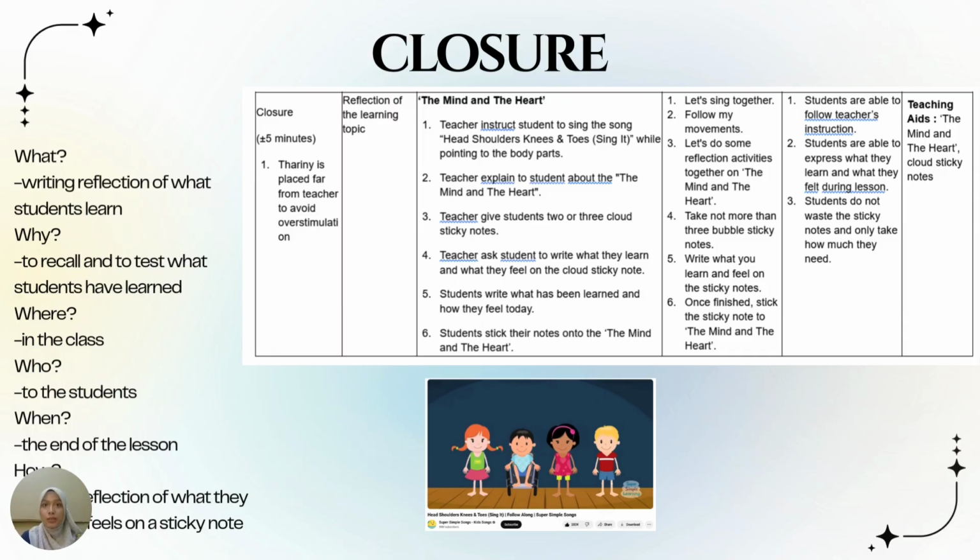So I decided to put Tarini away from the loud noises, but enough for her to hear the song. So the assessment that teachers can do is that students are able to follow the teacher's instruction. Students are able to express what they learned and what they felt during the lesson. Students do not waste the sticky notes and only take as much as they need.